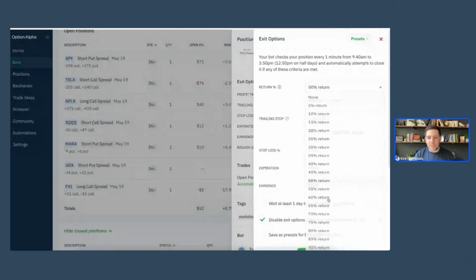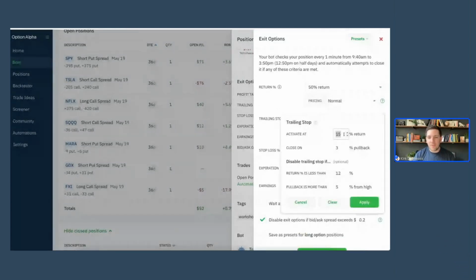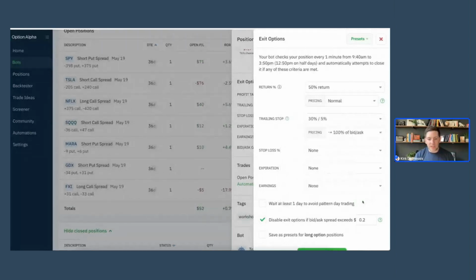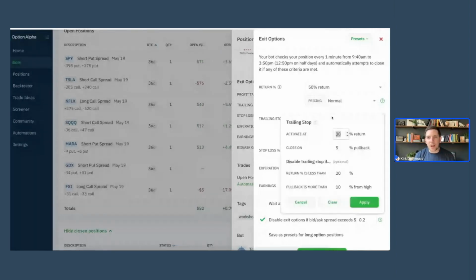So what you might want to do when you set these up, let's set up an example here. You could say something like this: 30%, 5% pullback, minimum return is 20%, or if the pullback is more than 10% from the high, like the security is more than 10% from the high. That's what I want to use. So that's the whole setup. Your absolute profit target, your activation for your trailing stop, trails it by a 5% pullback.